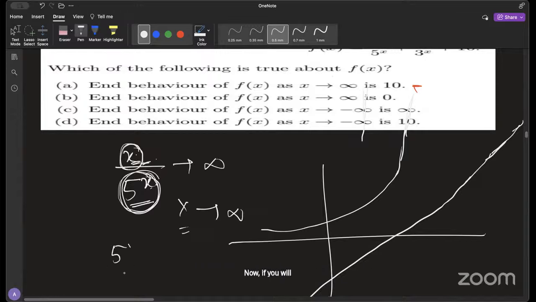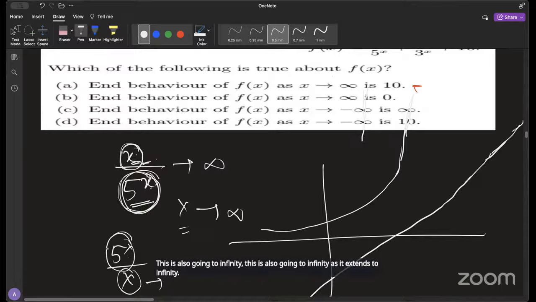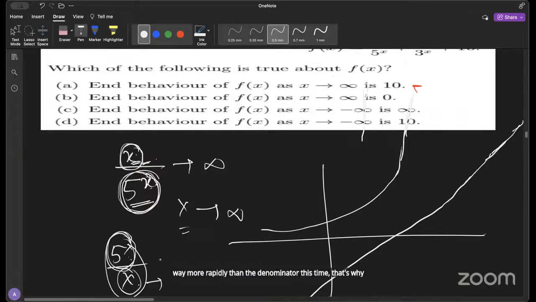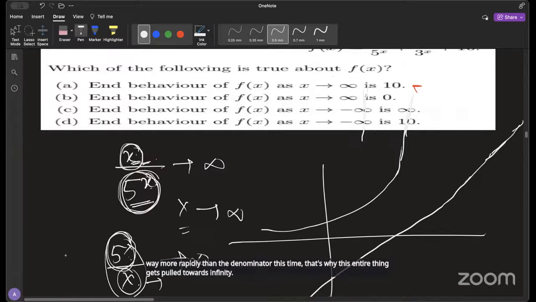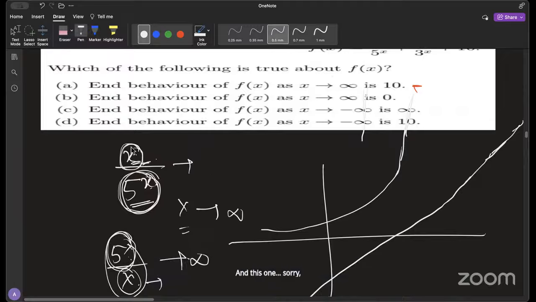Now, if you have f(x) by x instead, this is also going to infinity as x tends to infinity, but this tends to infinity way more rapidly than the denominator this time. That's why this entire thing gets pulled towards infinity. Sorry, this one I'm forgetting. This one tends to infinity as well.